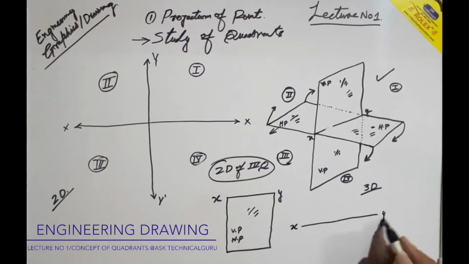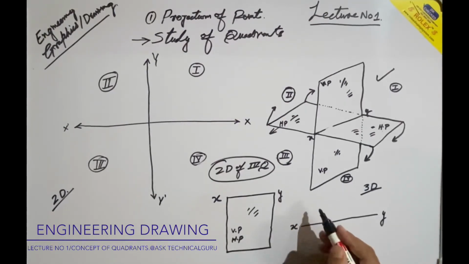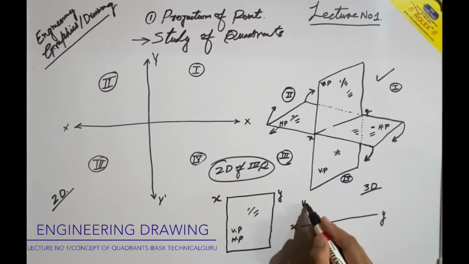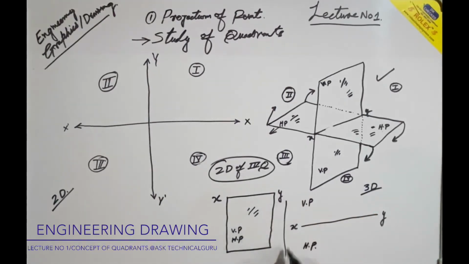If it is the first quadrant, then we know that the vertical plane is above the XY line and the horizontal plane is below the XY line. Simply we have to make it like this in case of practical questions, or if we have a point, then we have to draw its projections.